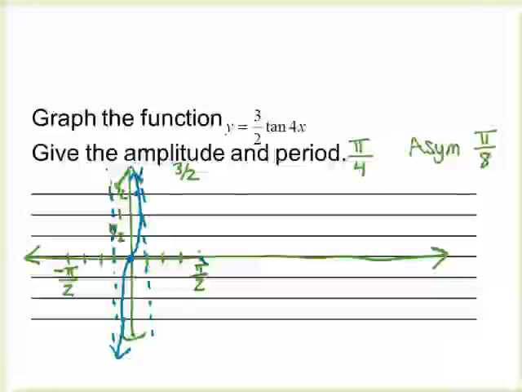As with sine and cosine, I would like to see 2 cycles. The width between these asymptotes is 2 dashes, so I'm going to go over 2 dashes and put another asymptote. And repeat the same 3 points that we did for the first cycle.